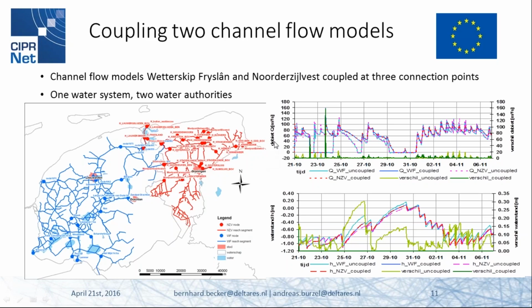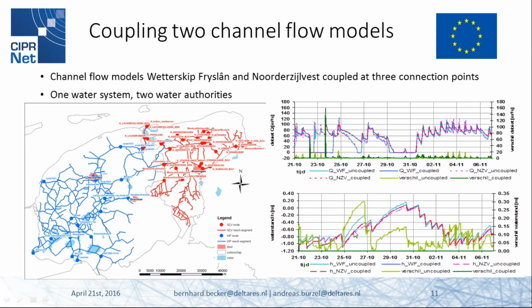And we can see some results here in these two graphs. We have water discharge over time here and water level over time here. And the red curves are related to this Noord-Zuidwest model, and then blue are related to the Friesland model. And what we can see here, let's start with the water levels.